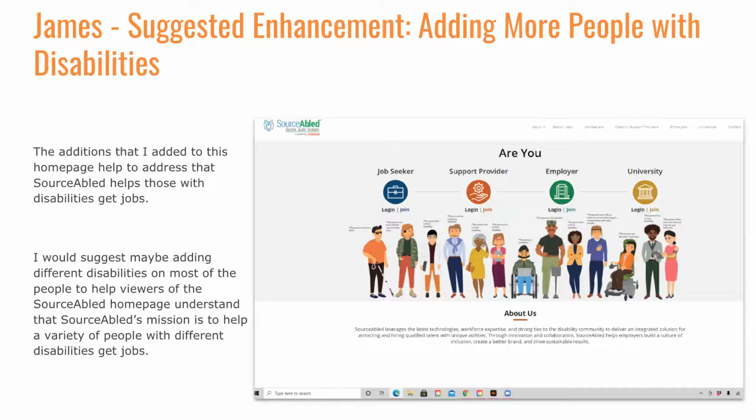Maybe for this particular situation, they could have vision disabilities. And then there's this guy in the wheelchair with the laptop. That guy is paralyzed. And the woman in the orange shirt in the power chair has muscular dystrophy. Thanks, James.